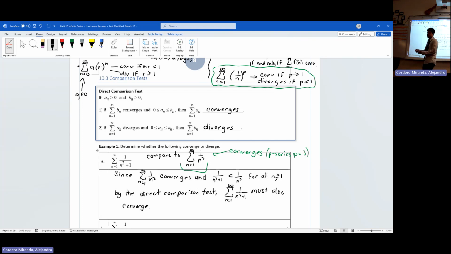But the important part is that you get that I know that this green sum converges. This one has to be smaller because all its terms are smaller. So if this converges, then there's no way this is infinite. In other words, if this got a finite number, then how could this get an infinite number if all the terms are smaller? That's all we said here, just in fancy words, I guess.